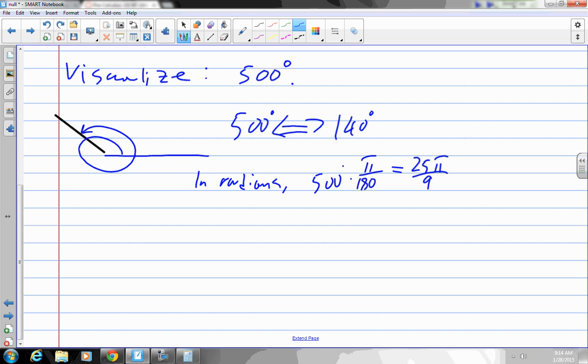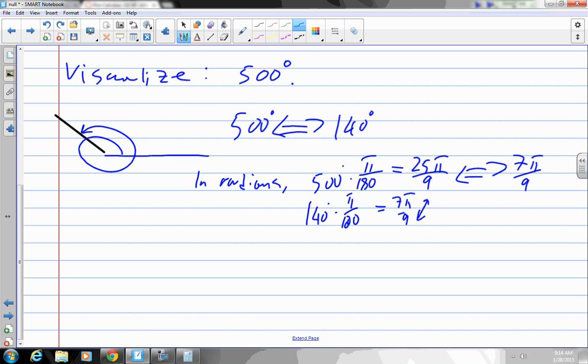Or 140 degrees, I can do the same type of math on 140 degrees. That reduces to 7 pi over 9. So these two are equal. So this is equivalent to 7 pi over 9, right?